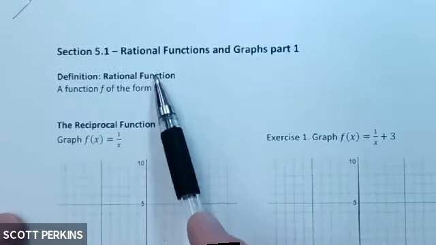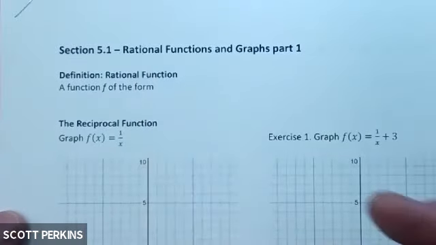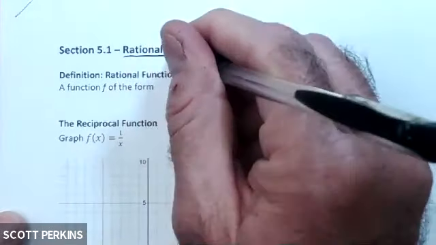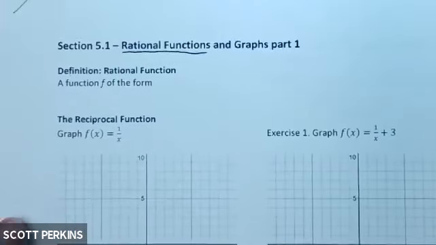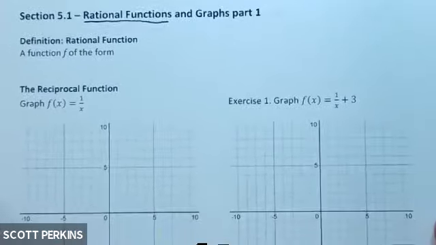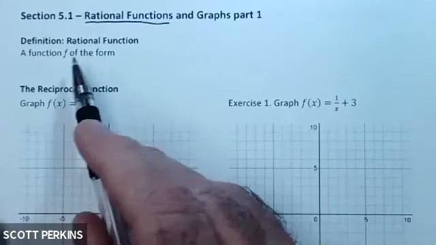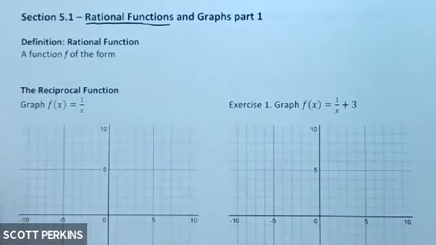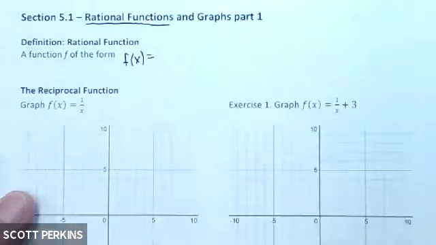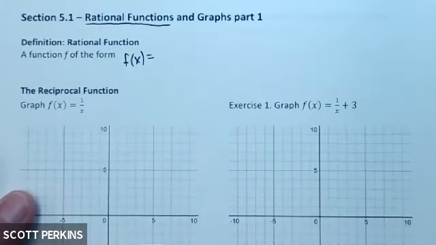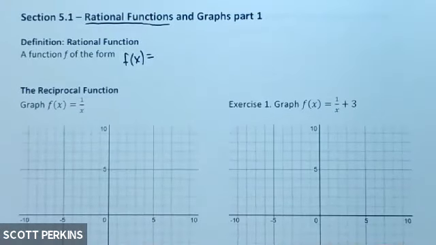That is the topic of all of chapter 5 that we're going to talk about, rational functions. So first thing I need to do is tell you what a rational function is so that we can all be speaking the same lingo. So the definition of a rational function: it's a function that is in the following form. Okay, so it is f of x is equal to, and since it has the word rational, you're probably expecting a fraction because rational numbers.